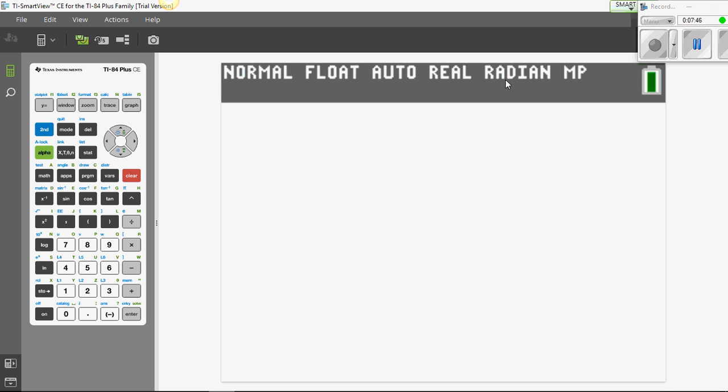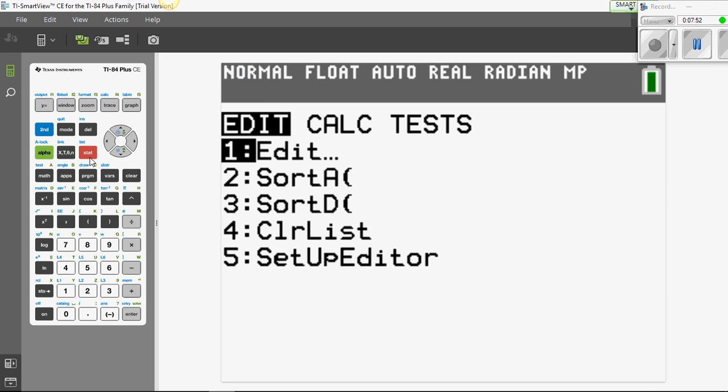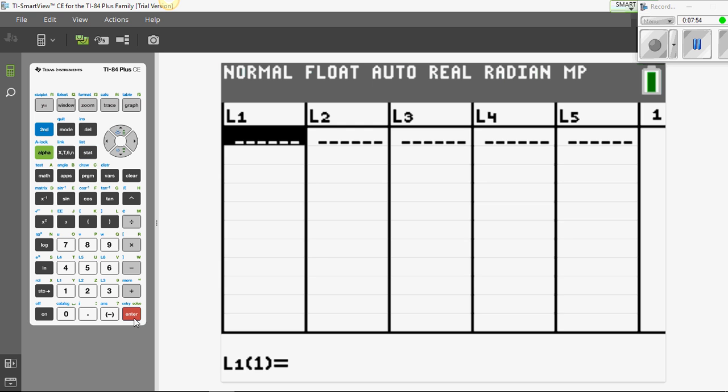All right, so go to Stat, and then go to Edit. You're going to need to type this into list 1.